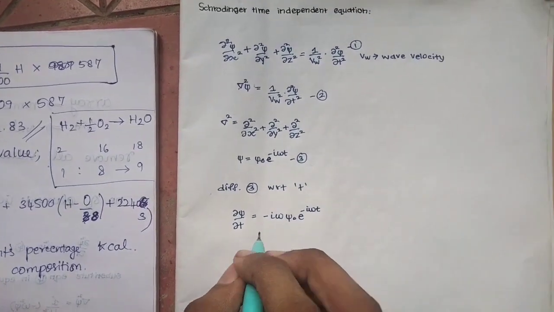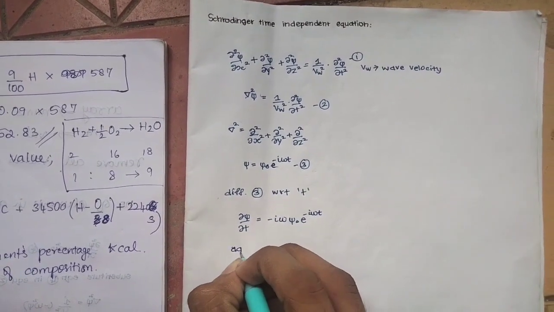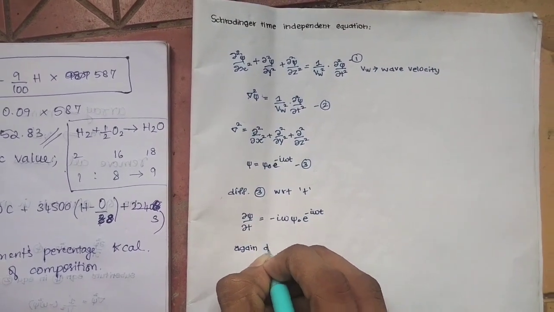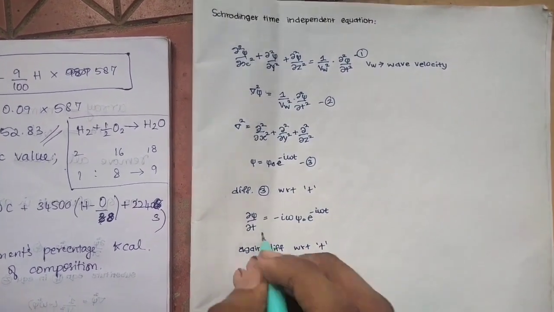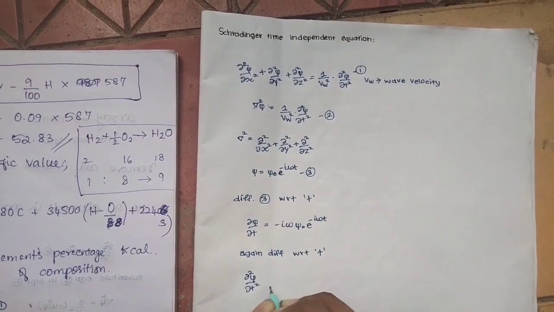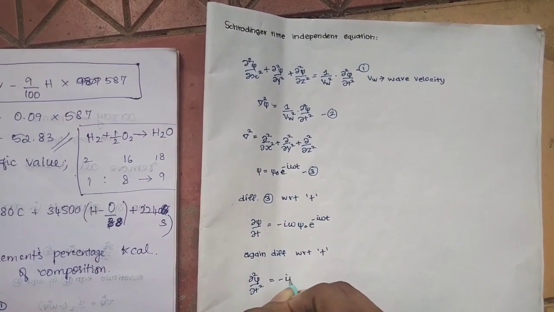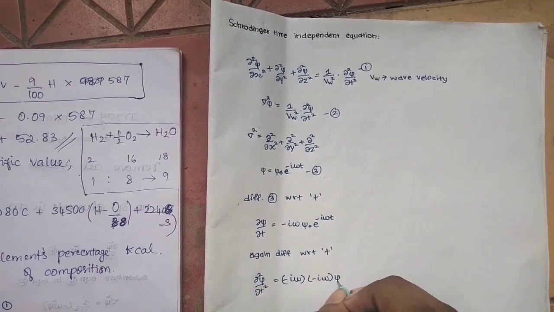Now again we are going to differentiate with respect to t. Now this will become dou square psi by dou t square, and again one i omega will come, then remaining as it is.